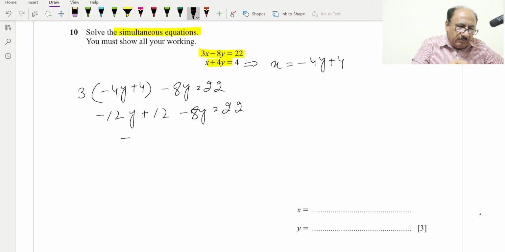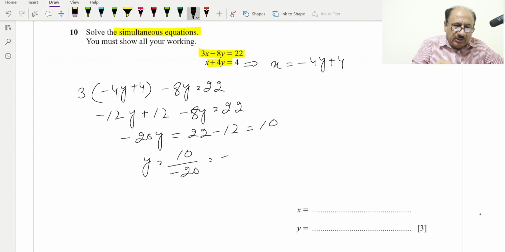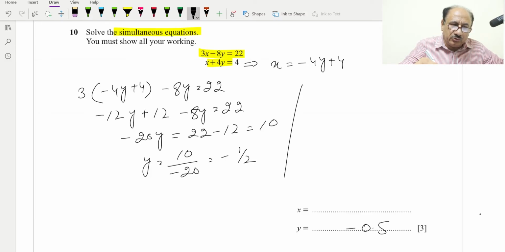Now this will be minus 20y equal to 22 minus 12, which is equal to 10, and so y is equal to 10 over minus 20, which is equal to minus 1 over 2. So the y value will be minus 0.5 or minus 1 by 2, and this value we can replace in any of these two original equations.